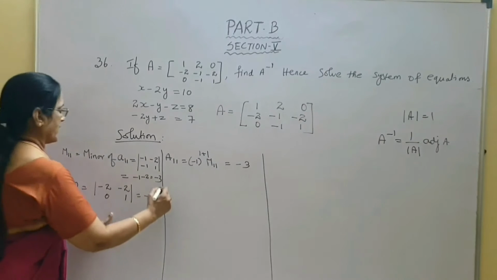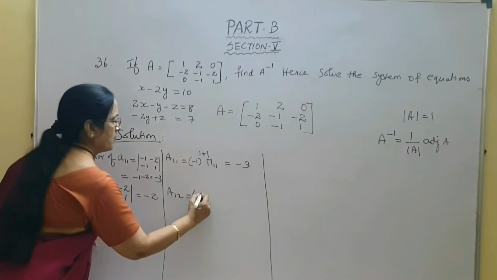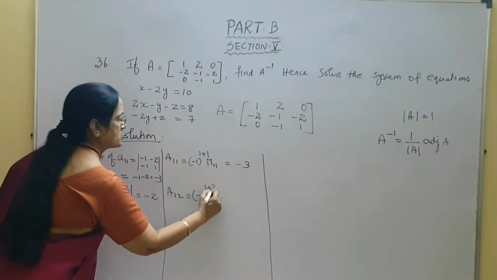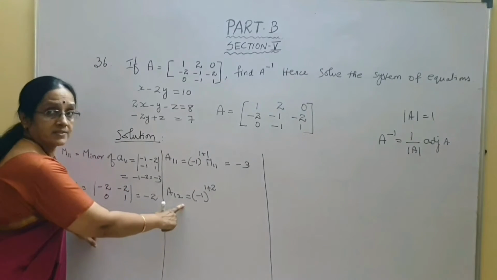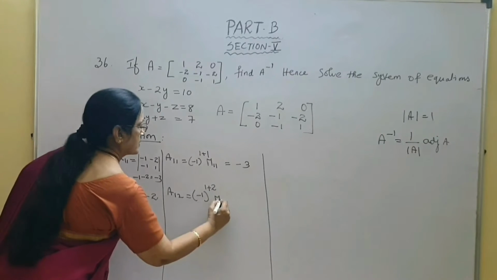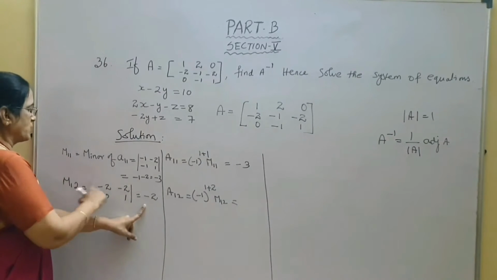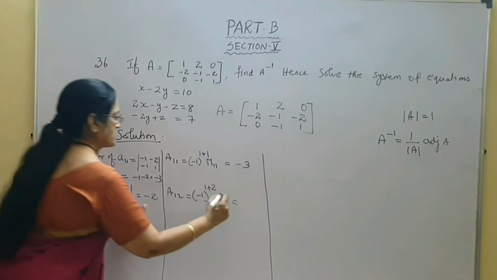So the corresponding cofactor will be capital A12, which is minus 1 to the power 1 plus 2, that is i is 1, j is 2, into M12. Here it is minus 1 and the M12 value is minus 2, so it is going to be 2.